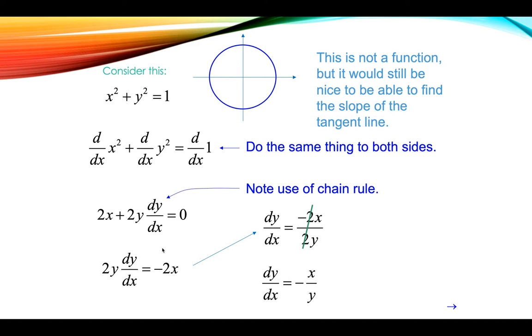And so we get the derivative of y with respect to x is equal to negative x over y. Okay, so what that means is I can find the slope of the line tangent to this circle at any point. So if we did the 45-degree angle here, where we're at square root of 2 over 2, square root of 2 over 2, when we plug those in, we would find that our slope is equal to negative 1.